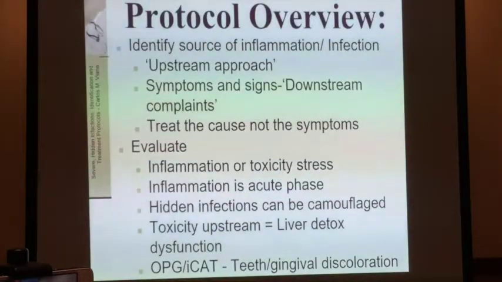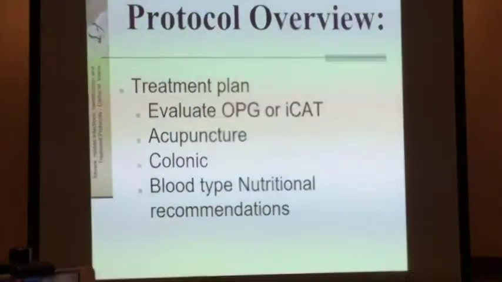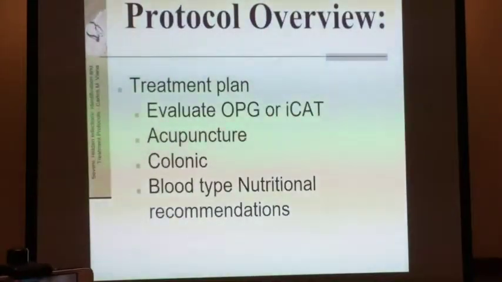A lot of our identification is taking place through OPG and ICAT scans. For every patient that comes to me, I'm looking inside the mouth to evaluate the health of the gingiva. So my protocol is to come up with a treatment plan developed from an OPG and or an ICAT.